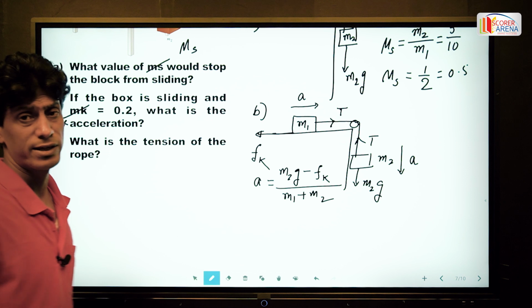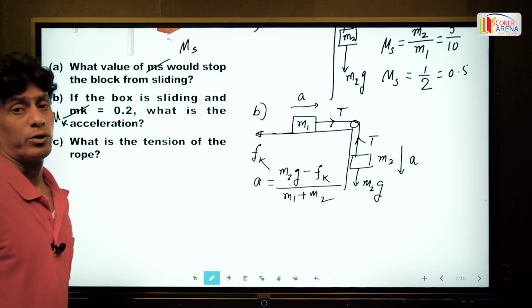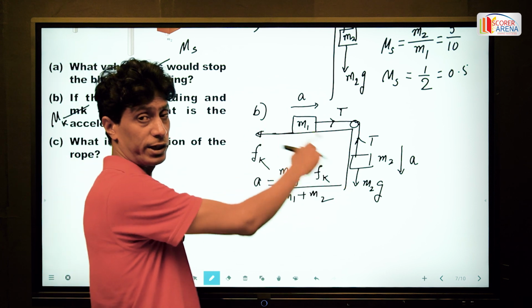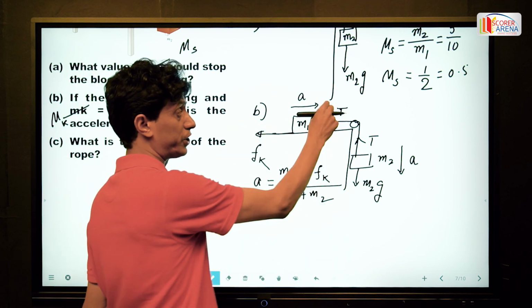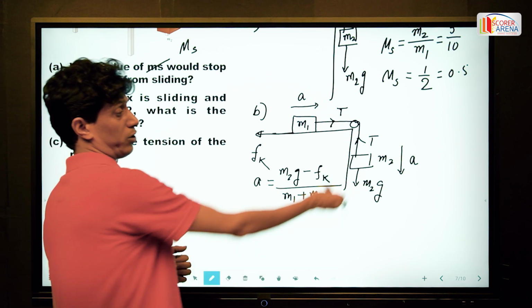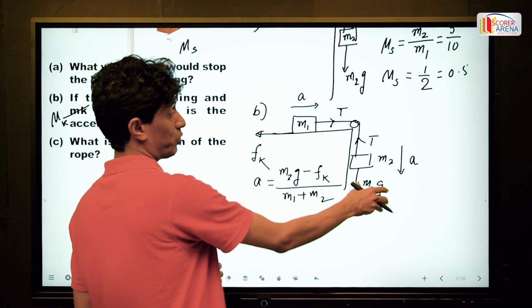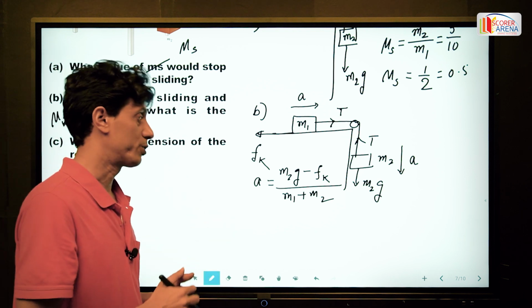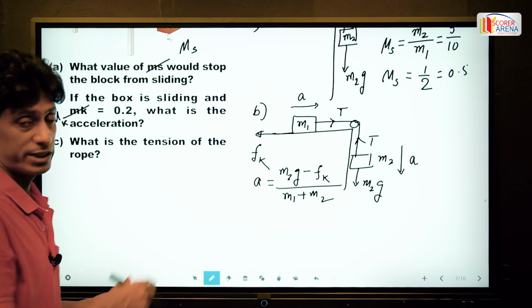So directly we can write the equation of acceleration by just considering the two bodies as a single system. T is the internal force acting on these two bodies, and M2G and kinetic friction are the external forces. So net external force is M2G minus Fk.